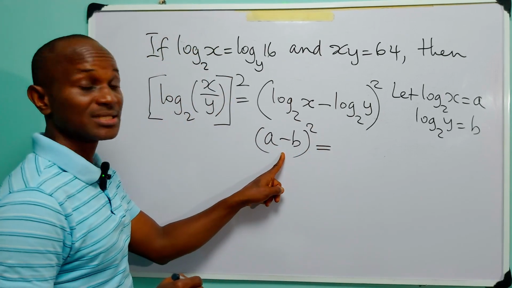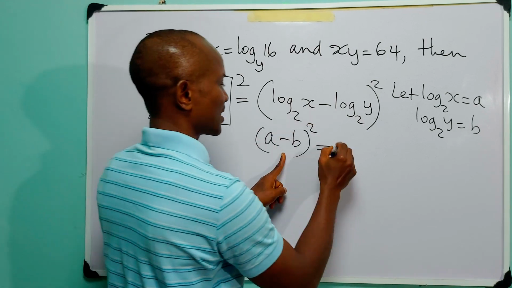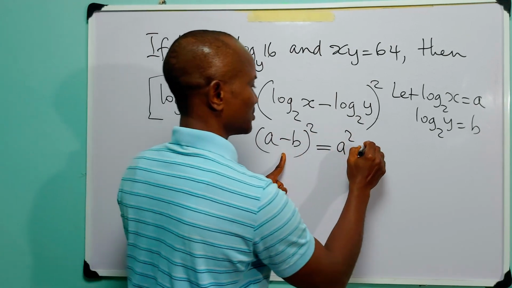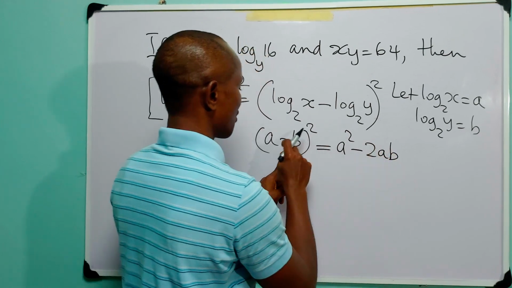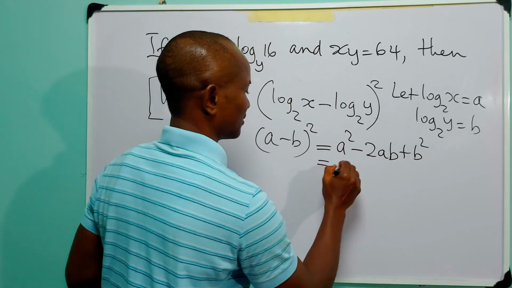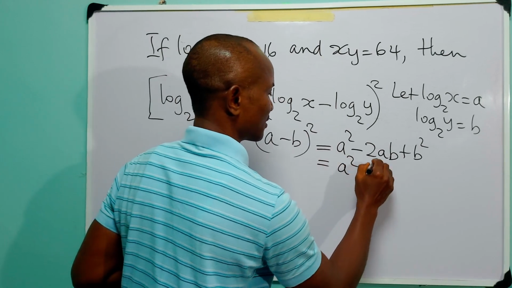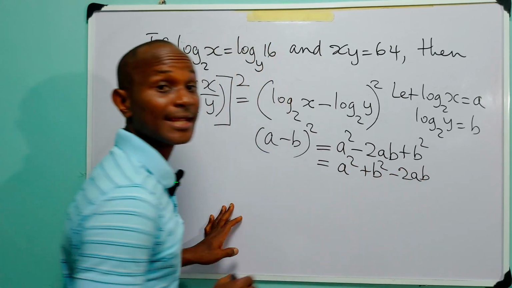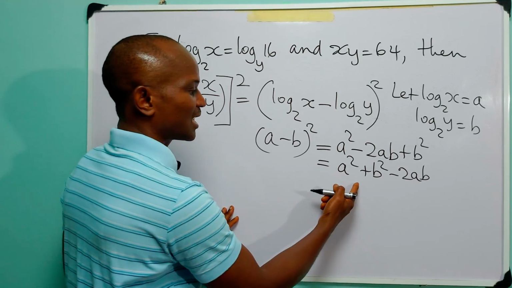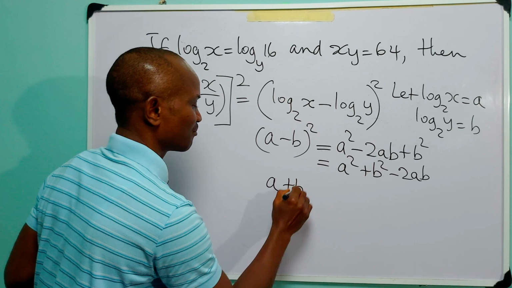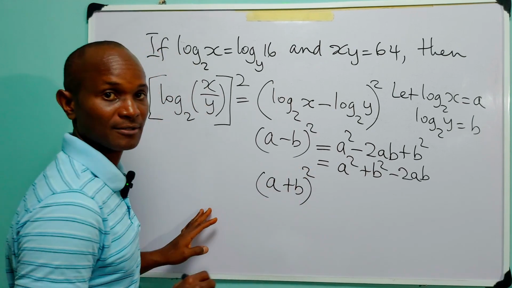If we expand this, what we are going to get is a squared minus 2 times a times b plus b squared. That is a squared plus b squared minus 2ab. But let us look at the expansion for (a plus b) squared.